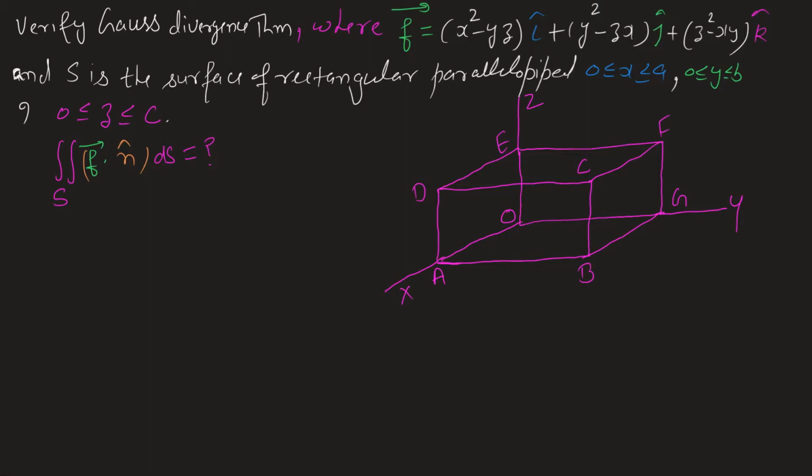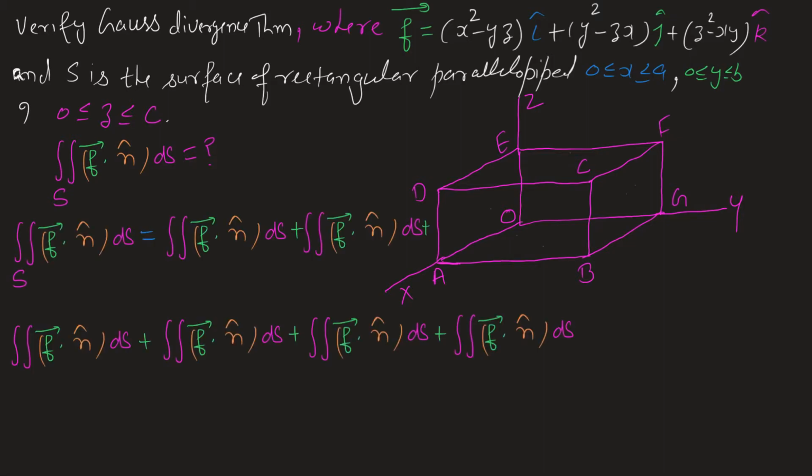It has 6 faces: this face and opposite to that, this face and this face. So we will be writing these faces. This surface integral consists of 6 faces, therefore we will write this surface integral as the sum of surface integrals over these 6 faces. I am going to write the nomenclature of these 6 faces symmetrically, not randomly.